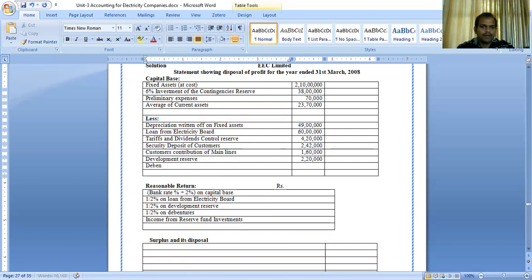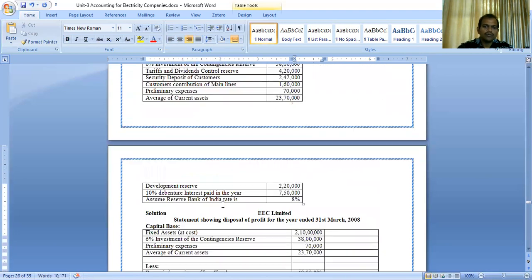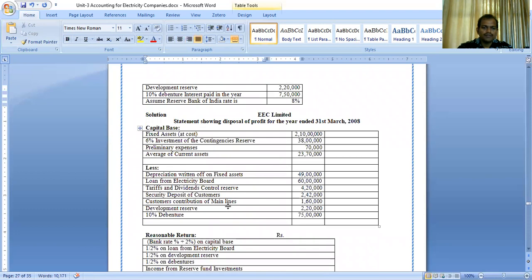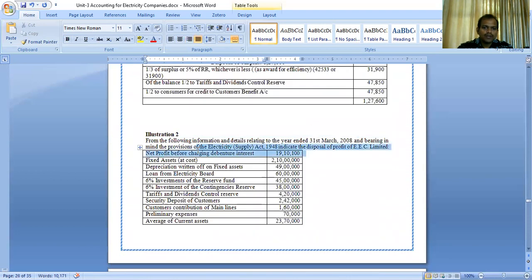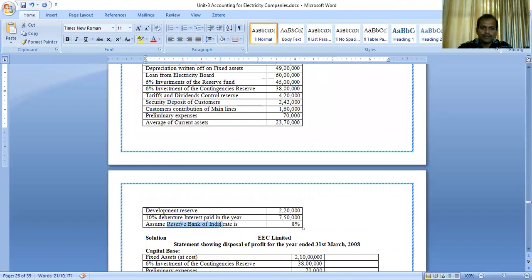10% debentures, or 75 lakhs. So we have to be very careful whether it is interest or debentures completely. We have to identify it. So only net profit and the bank rate are left over.